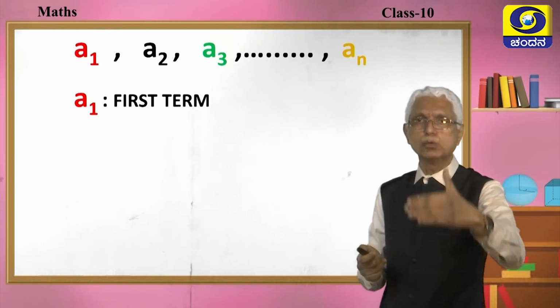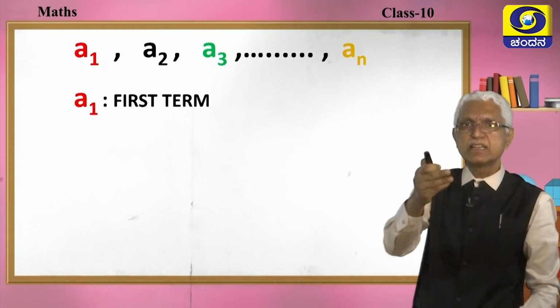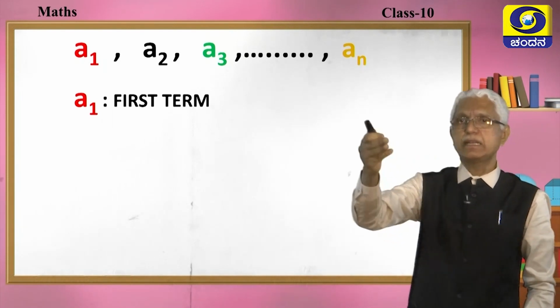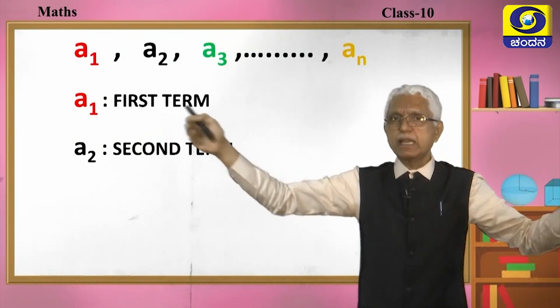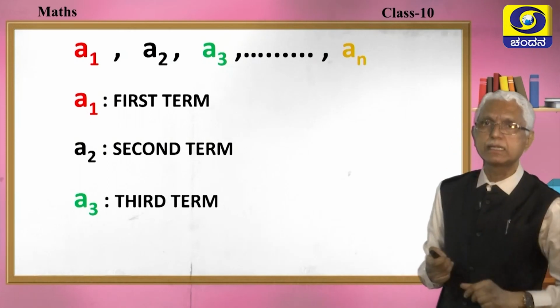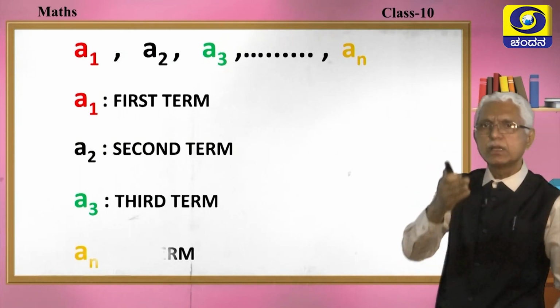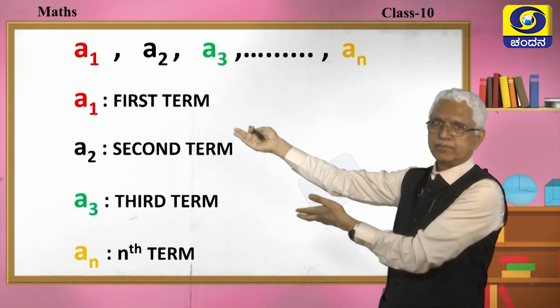Instead of writing 2, 5, 8, 11, etc., in general, A1, A2, A3 dash dash dash AN. These are all the terms, okay? And A1 is the first term, A2 is the second term, A3 is the third term. There are so many terms, and AN is the nth term, correct?